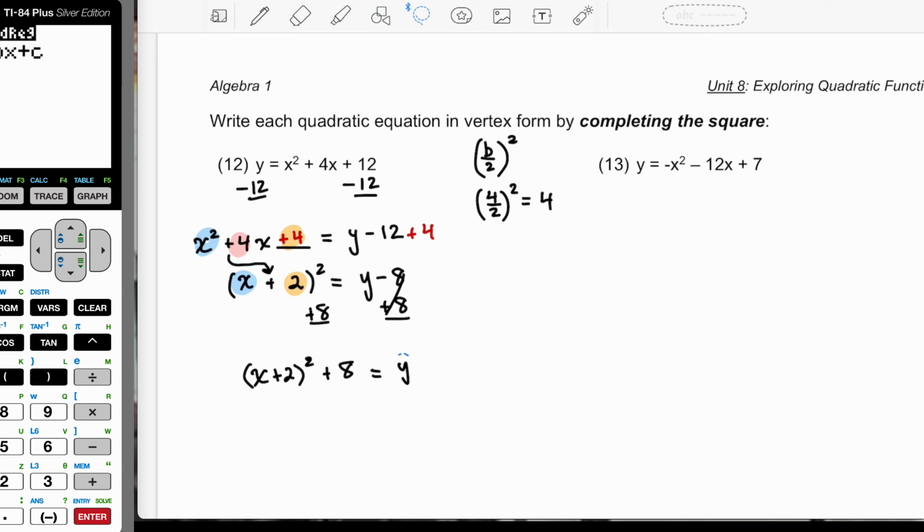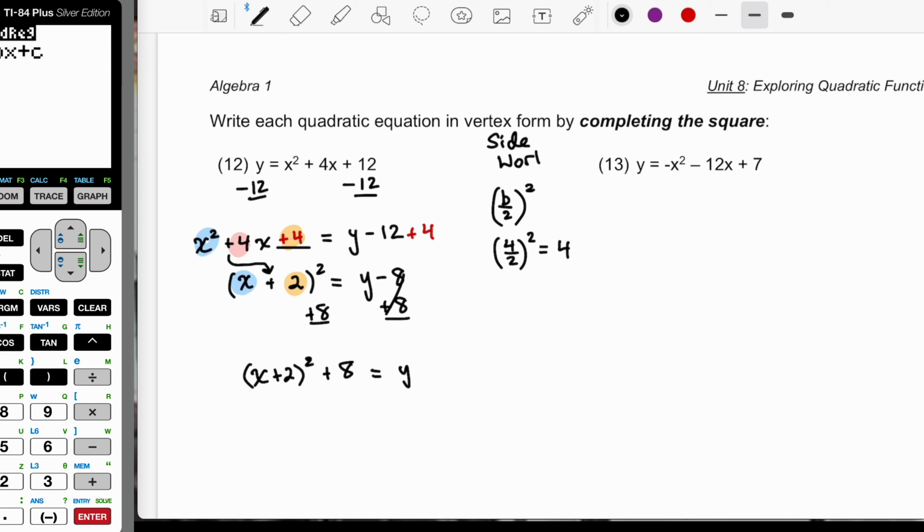And now our equation is in vertex form. So we did our little side work, wasn't too crazy. We used that to help us complete the square, but then once we did that, we factored, and that was the end of it.